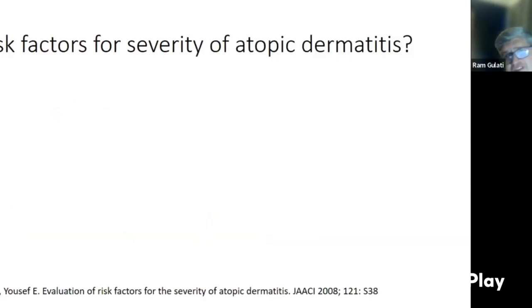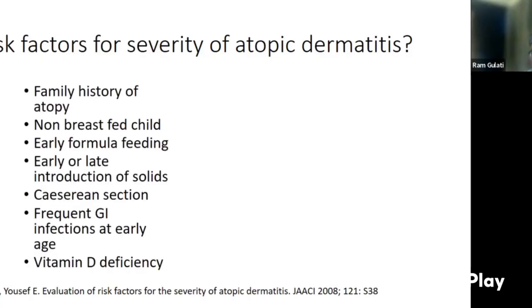The risk factors for severity of atopic dermatitis. So what are the things which, if present, can make you feel that this eczema can lead to more severe forms? If you've got a family history of atopy, those children can present with a more severe atopic dermatitis. And then there are a number of factors. We can't say there's an all or none in them.